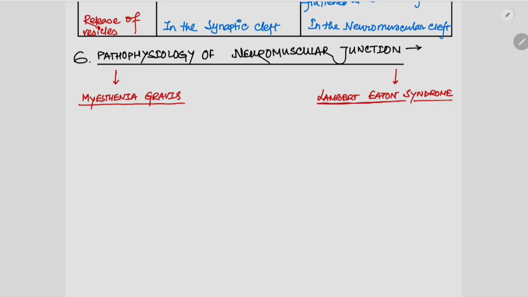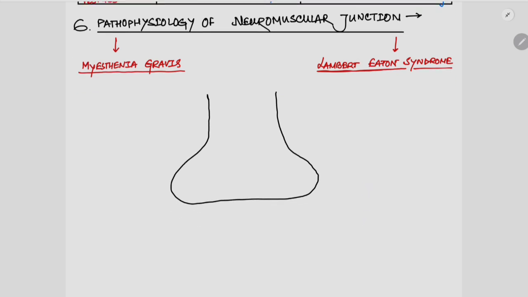Let's understand by a drawing. Let's say here is the axonal terminal of a neuron, and there are some synaptic vesicles which are loaded with acetylcholine.